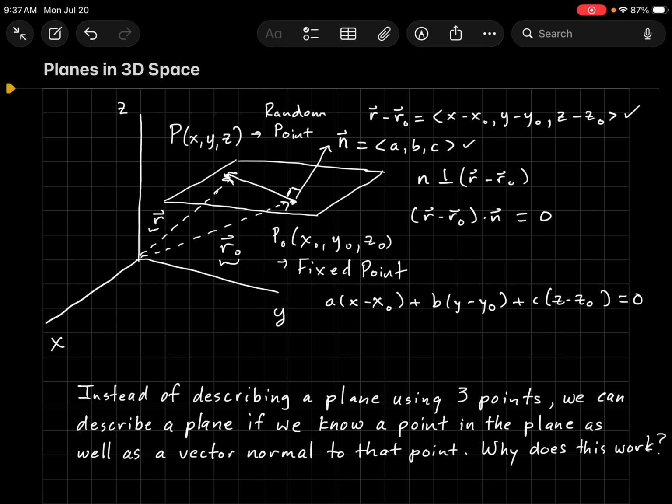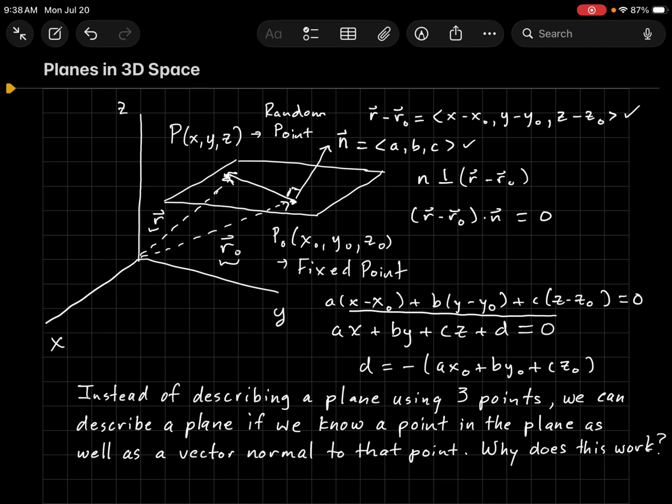And if we write this out and redefine something in a second, we get ax plus by plus cz plus d equals 0, where d is going to be the negative of ax naught plus by naught plus cz naught.